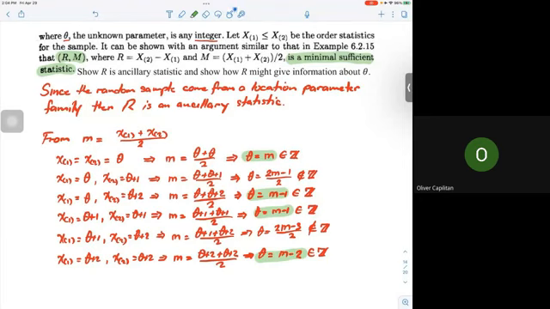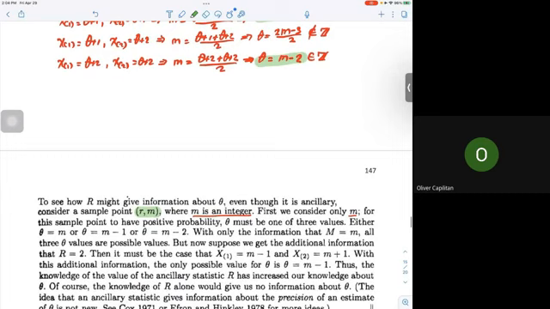So theta could be m, theta could be m minus 1, or theta could be m minus 2, with only the information that our big M is equal to small m. So we have three possible values for our theta.